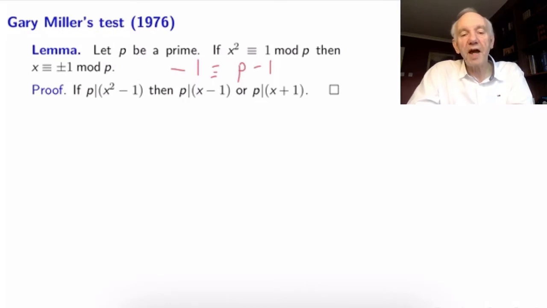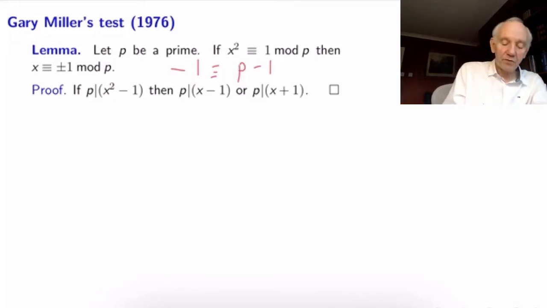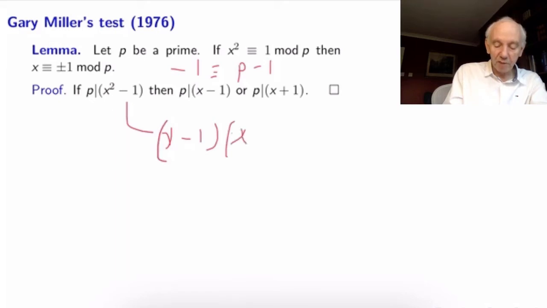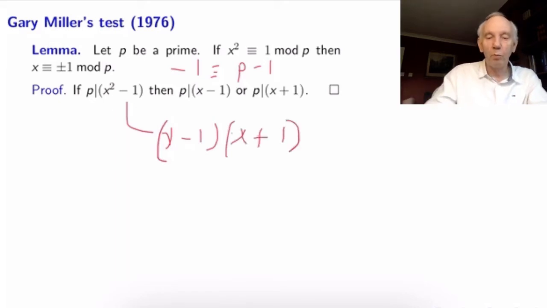To say that x squared is 1 mod p means that p divides x squared minus 1. So you can factorize x squared minus 1 into x minus 1 times x plus 1, and therefore p divides x minus 1 or p divides x plus 1. That's the property of a prime number: if a prime divides a product of two numbers, it has to divide one of those two numbers.